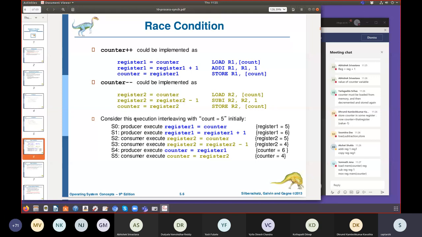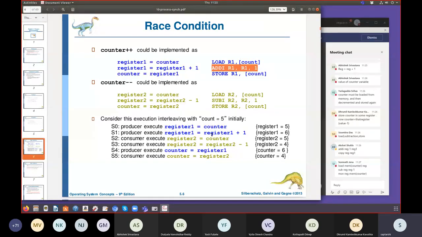Consider an execution of this producer and the consumer where count equal to 5 initially. The producer executes this line, register1 equal to counter. So this load instruction, say the producer executes. And then it executes this one, the add instruction.